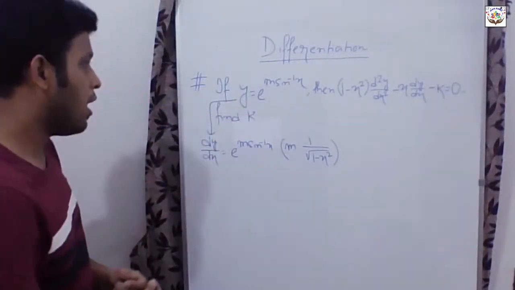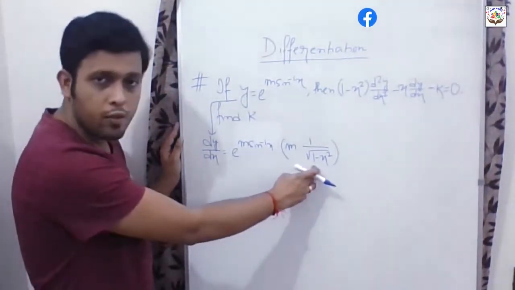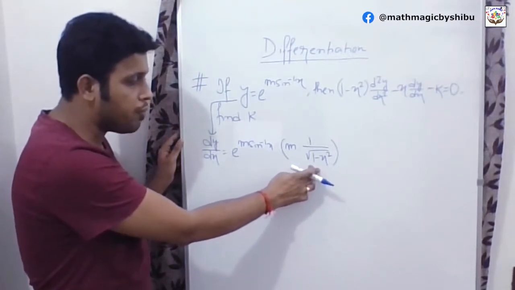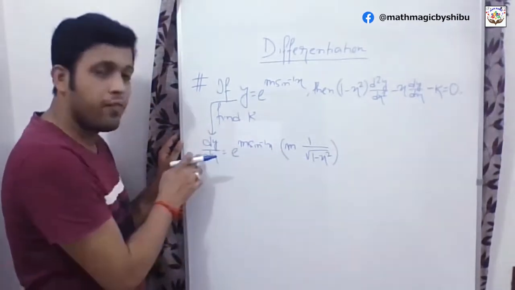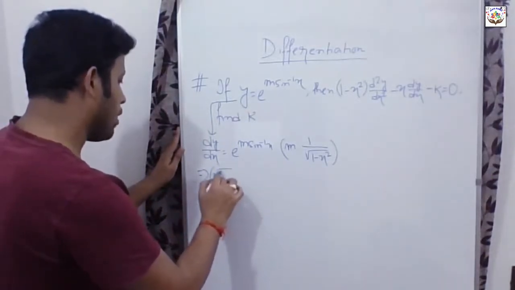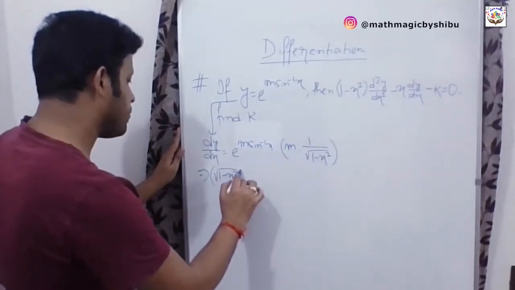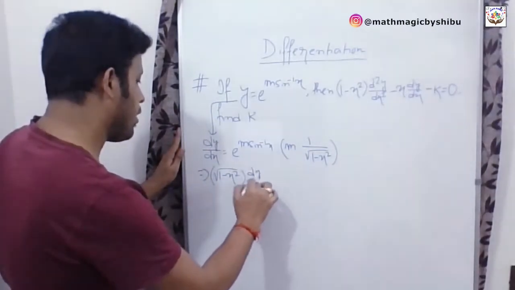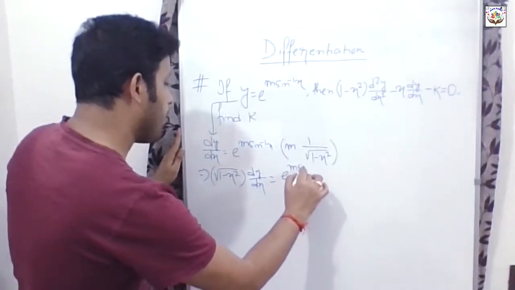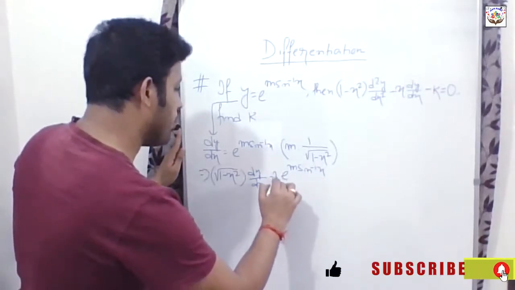Okay. Now, as you can see, we already have root over 1 minus x square in the denominator. If we cross multiply it to the left hand side, then we will get root over 1 minus x square into dy by dx equals e to the power m sin inverse x into m.